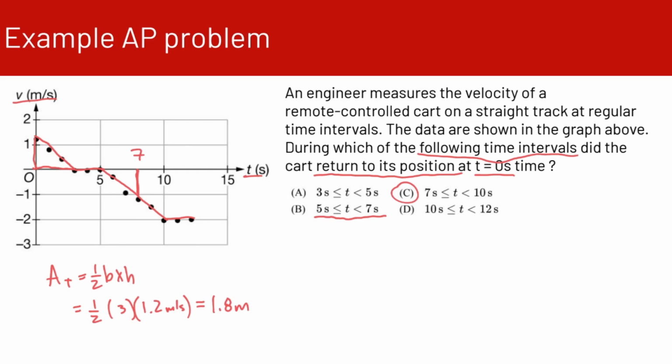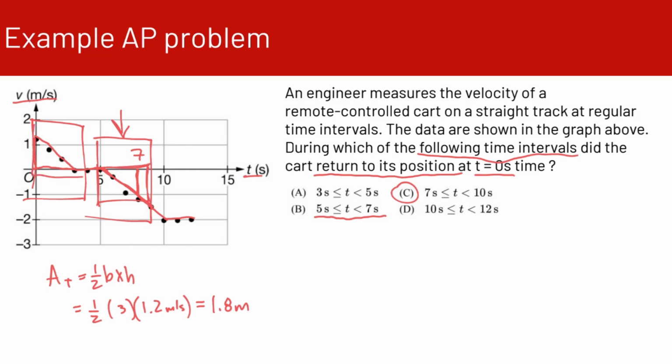Okay, and I just want to mention, because I don't think I've said it before, why it's going somewhere in this half of the graph and returning in this half of the graph. It's because the velocity here is negative, so it's going back to where it came from in this part of the graph.